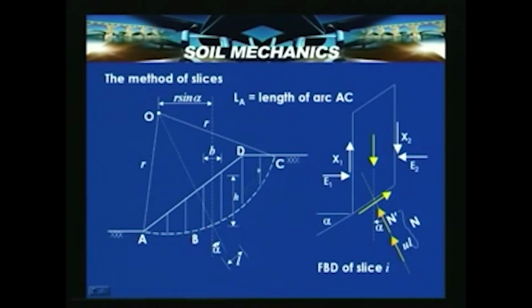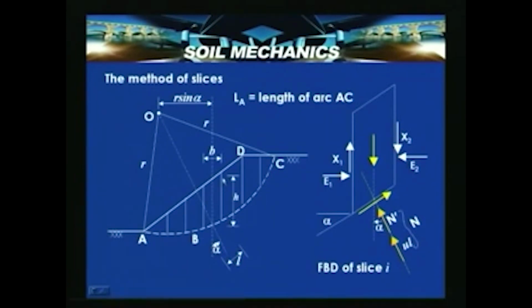A, B, C is the slip surface, and r is this radius. If you consider this slice to be the ith slice, then its horizontal distance from the center line to O is r sin alpha, and LA is the length of the arc AC.